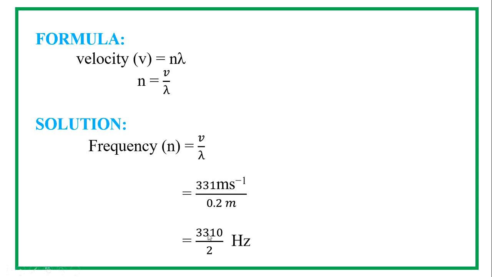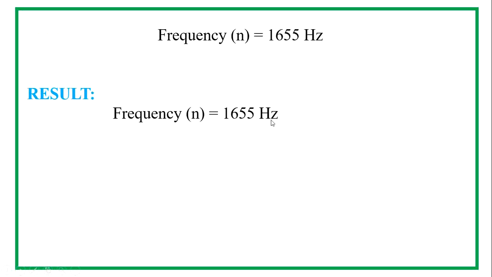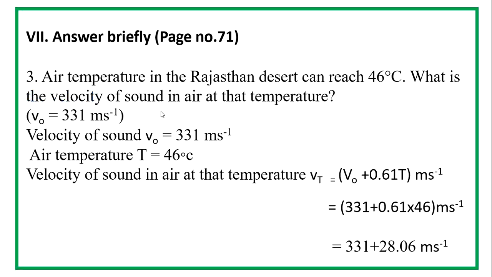So the value becomes 3310 by 2. When we divide that value, we get frequency n is equal to 1655 hertz. Now what is the result? Frequency n is equal to 1655 hertz.